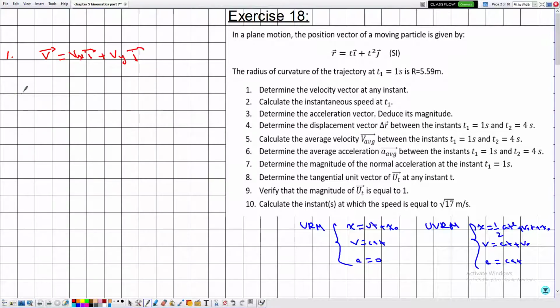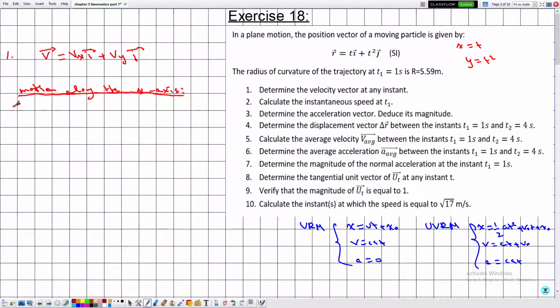Okay, so let's start by studying the motion along the x-axis. The parametric equations in this case are given by x is equal to t and y is equal to t squared.